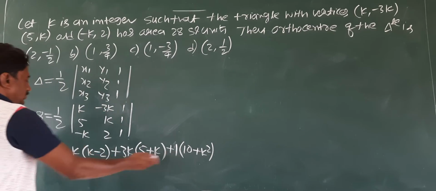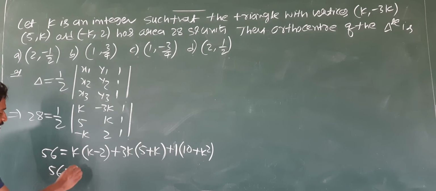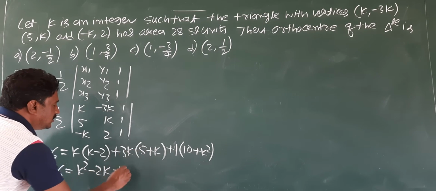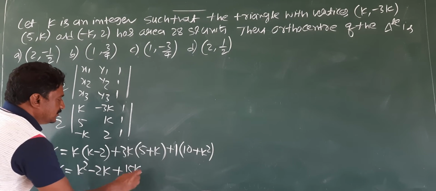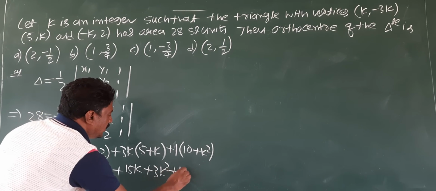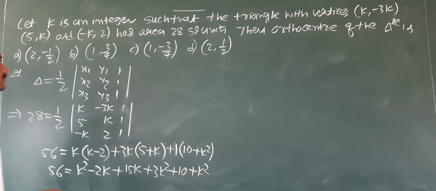So write, simplify this quadratic equation, students. So write 56 equals k square minus 2k plus 5 threes are 15k plus 3k square plus 10 plus k square. So write, you have that.